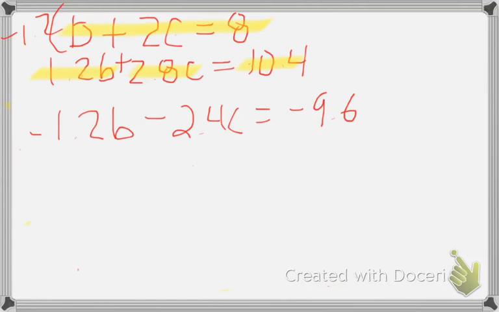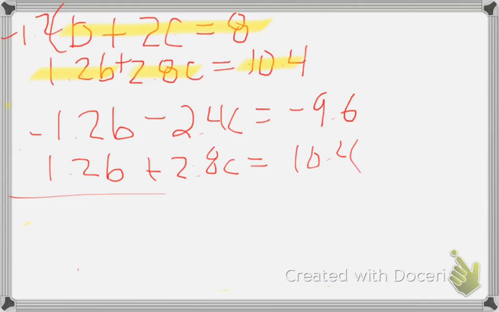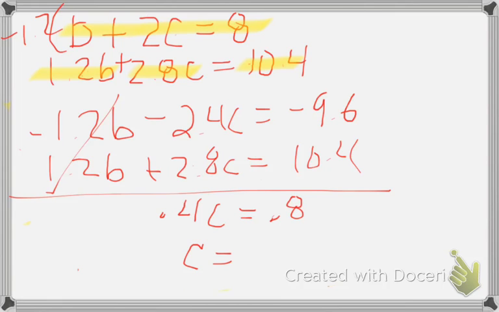I'm going to bring down this equation, 1.2b plus 2.8c, and that's going to equal 10.4. Let's add these two equations together. These cancel out. We're left with 0.4c equals 0.8. And then if we divide both sides by 0.4, we end up here with c is equal to 2.